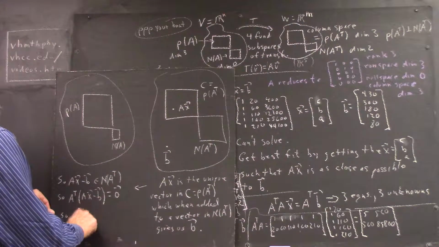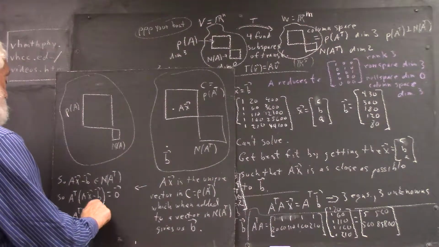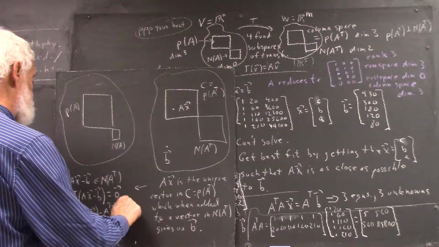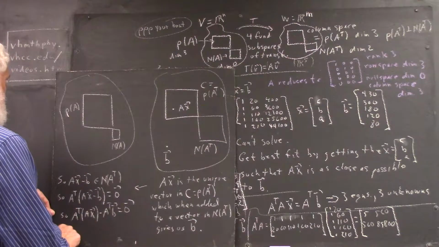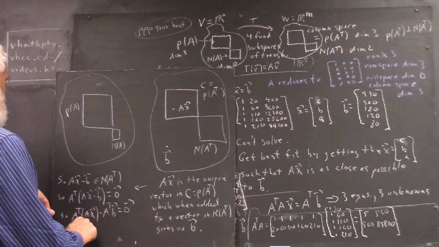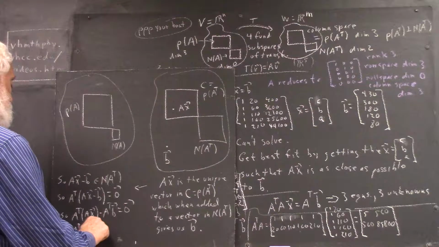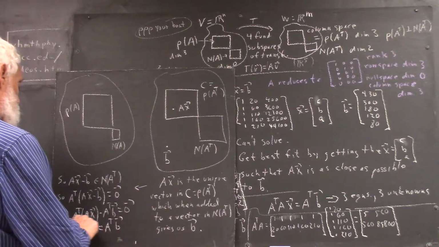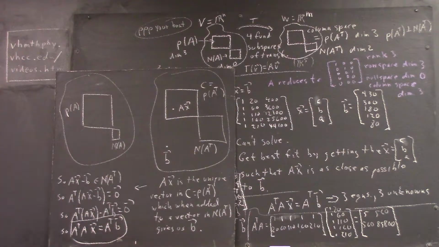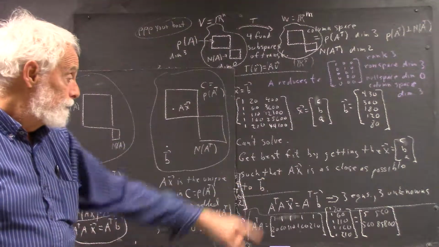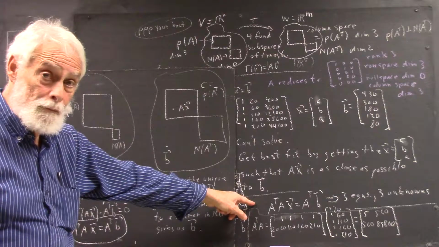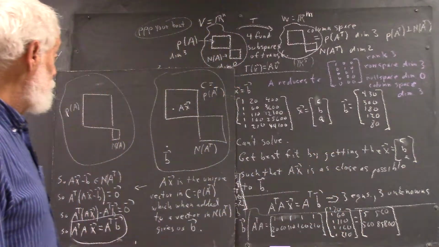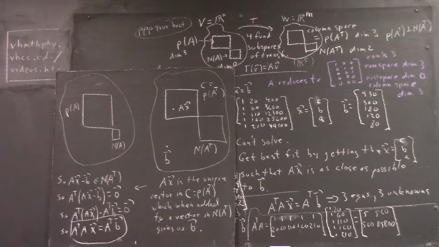So A transpose Ax minus A transpose B equals the 0 vector. So A transpose Ax equals A transpose B, and this is the equation that we solve. It gives us 3 equations and 3 unknowns that we can relatively easily solve for A, B, and C.